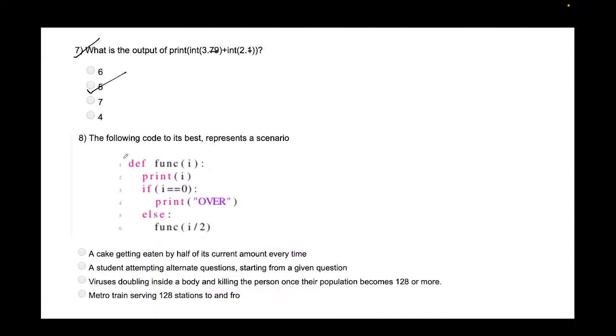The code snippet could mimic which of the following real life scenarios? There is a recursive call of the function func. Based on what this snippet does, what is the closest real life scenario we can relate to?